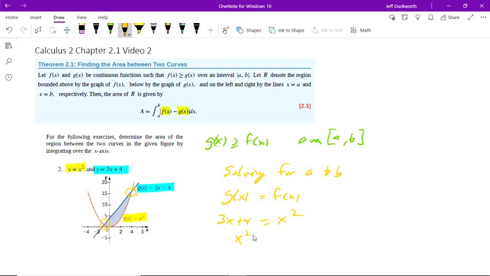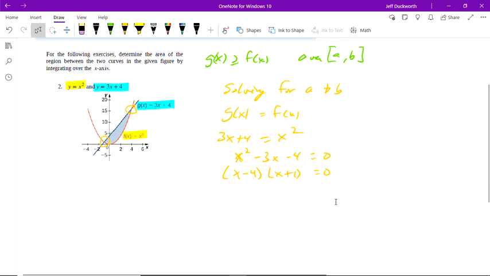So x squared minus 3x minus 4 equals 0. I'm moving everything over to the left because it looks nicer to me. Then we need two numbers that multiply to give us -4 but add to give us -3, so that's x minus 4 and x plus 1.